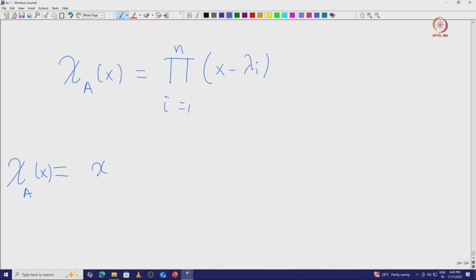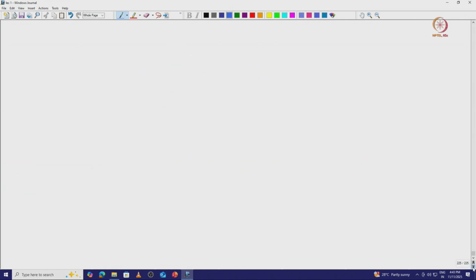So, you can expand this and see that you get x to the power n minus e 1 x to the power n minus 1 plus e 2 x to the power n minus 2 and so on. Finally, you get minus 1 to the power n e n. What are these coefficients e 1 etcetera e n? They are nothing but the elementary symmetric polynomials, very explicitly given in terms of the roots.